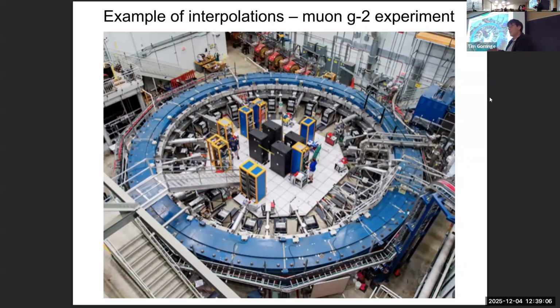So at the heart of the muon g-2 experiment and the determination of the muon's anomalous magnetic moment are two interpolations. One, an interpolation of discrete measurements of magnetic fields to get a magnetic field distribution, and two, individual measurements of muon positions in the storage ring to get a smooth muon storage ring distribution.